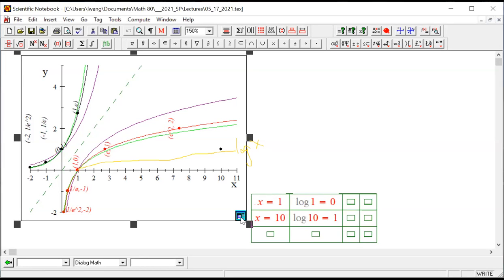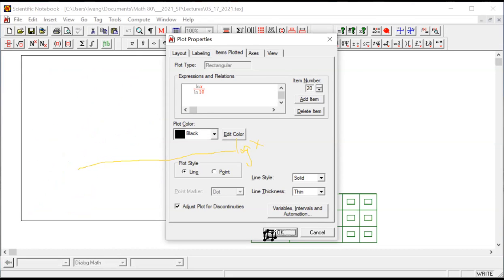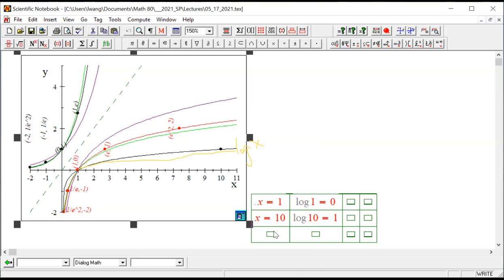I know what the software cannot do, but I don't want to spend too much time, so I should do ln x over ln 10 to see if that curve will draw. There. I used the change of base formula, which we haven't covered in class. So that confirmed this is a common log x.